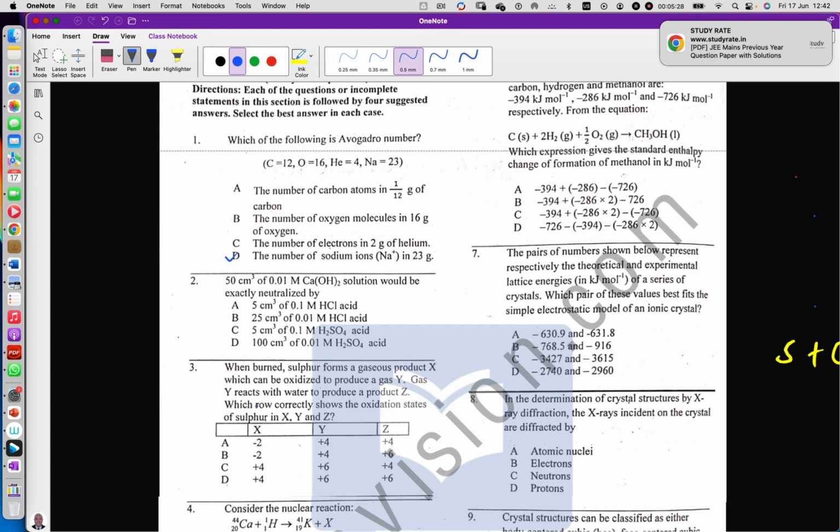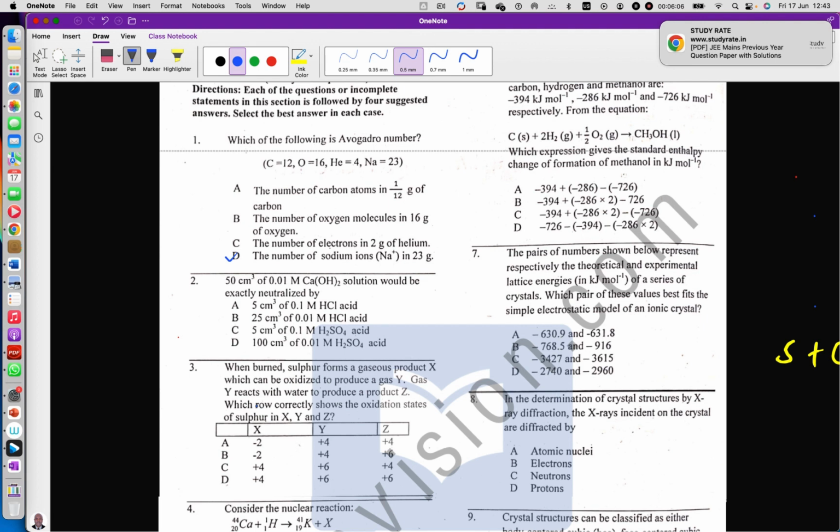Then I said 0.005 moles of the hydroxide ion are in 50 cm cube, then 0.01 moles of the hydroxide ion will be in 100 cm cube. That is the volume of the acid. In order to have the concentration of the acid, we need to divide the moles of the acid by the volume in dm cube.